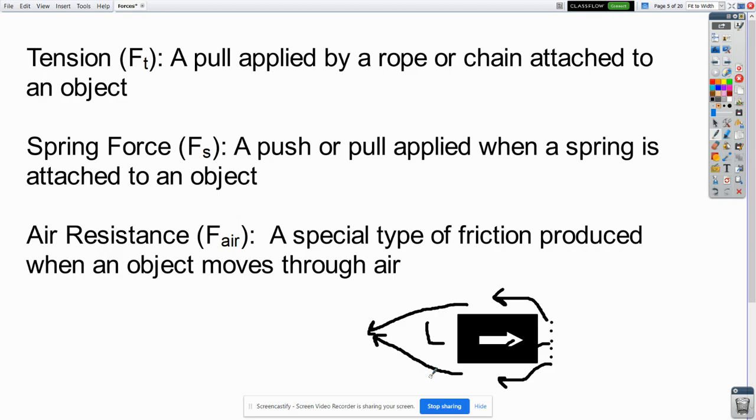But then when you stick your hand behind the rearview mirror, you don't feel that anymore. That's because you're sitting in that low pressure area where the air hasn't come back together again yet. That low pressure will actually suck backwards on the object, adding to the air resistance. It's a special type of friction. The object does have to come in contact with the air for it to be produced, so it is a contact force.